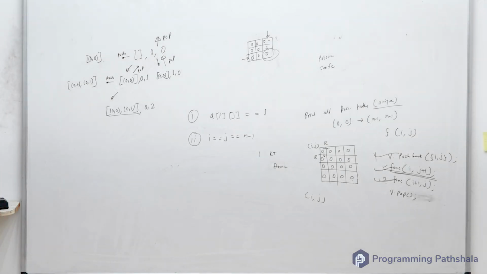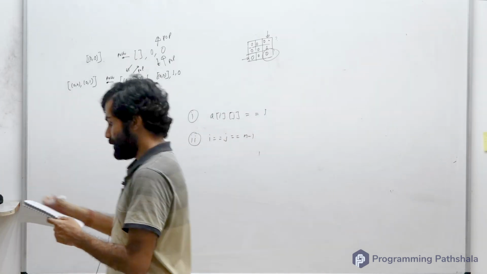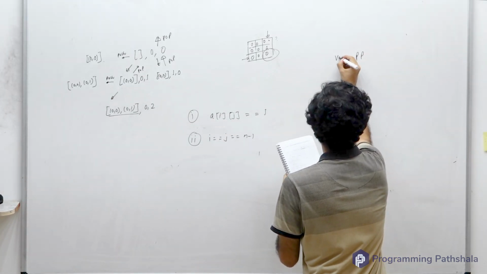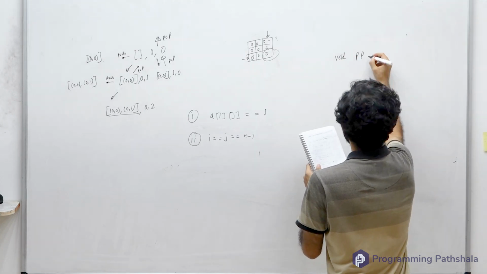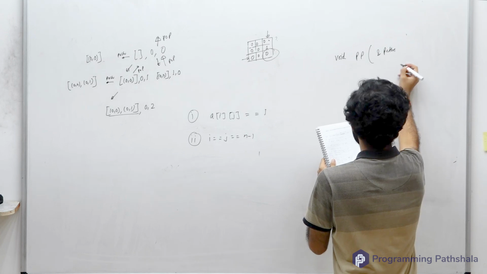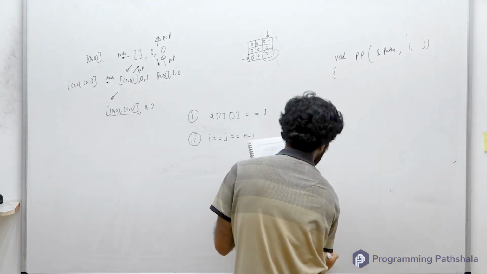So let us understand, if I have to write the code of this, how do I go about that? So let us see, there will be a printPath method, which is a void. It takes in a paths variable, okay, and it takes in i and j, okay. What is this paths?